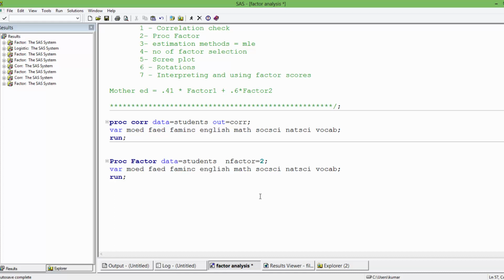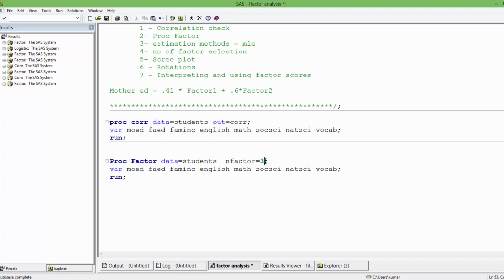Okay, that's about exploration. I told you, right, proc factor is used for data exploration purposes. So we start with no option, then we go on with options, and then keep changing the options to see if there is more pattern coming out from the results.